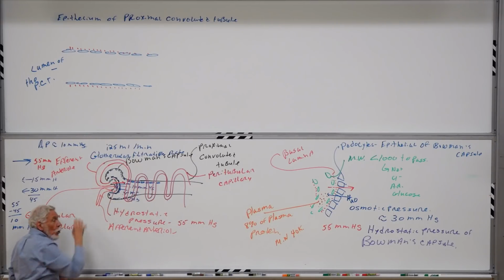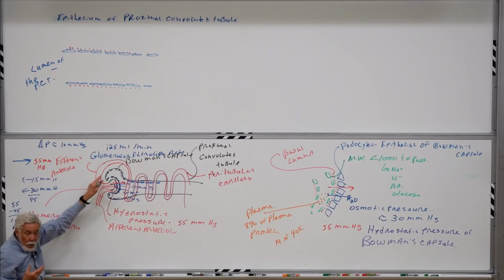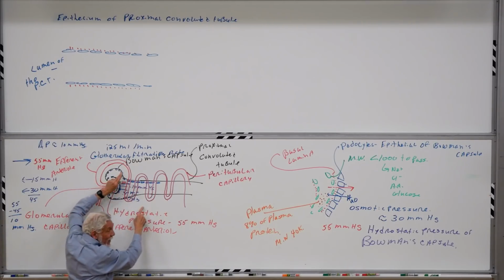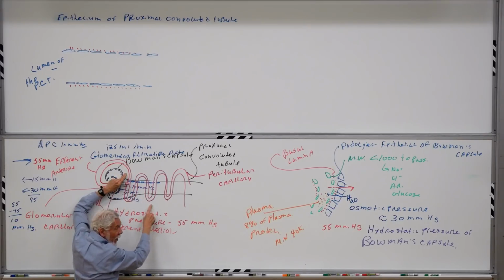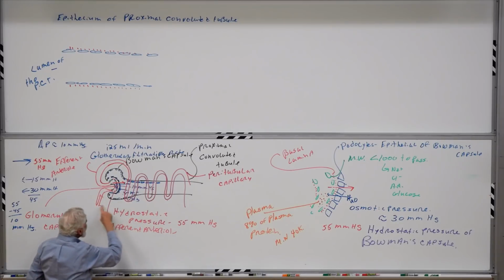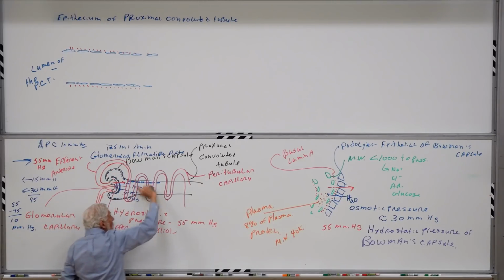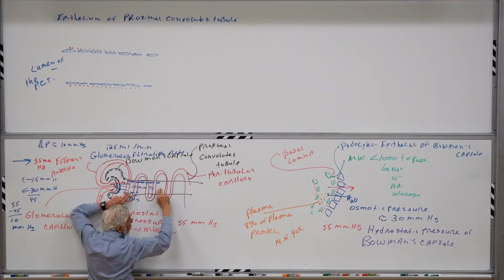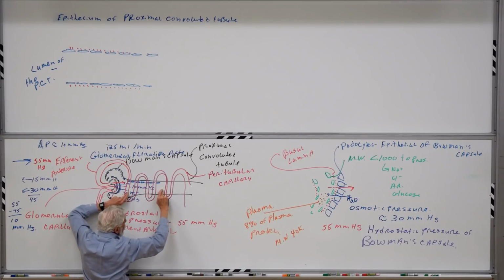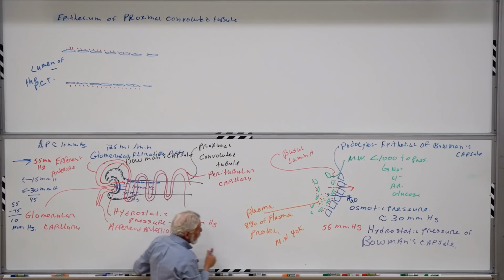Where the efferent arteriole was surrounded by smooth muscle, we're now back to a single layer of endothelial cells. It's a proper capillary. So now we feed blood from the afferent arteriole to the glomerulus to the efferent arteriole, and then around the proximal convoluted tubule in a blood vessel called the peritubular capillary.